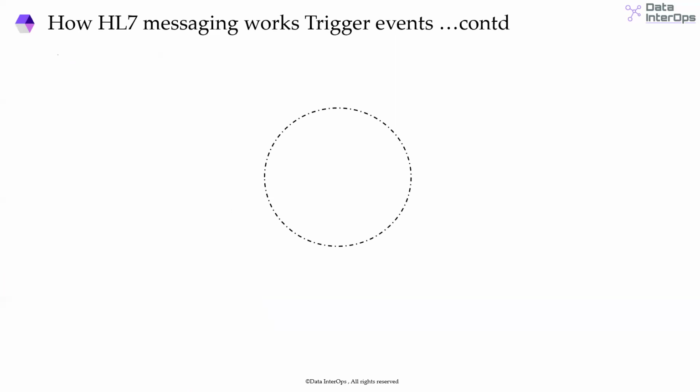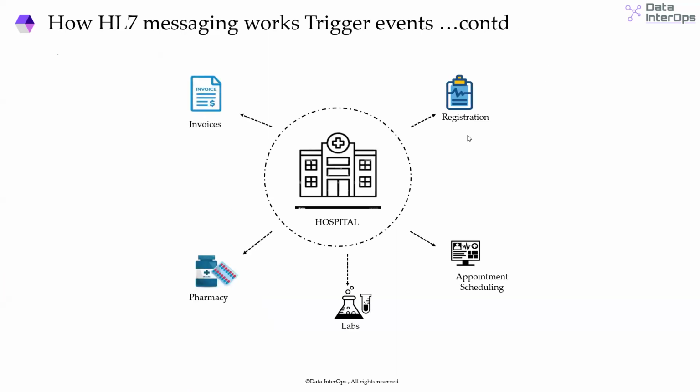Now, let us look at what points these trigger events can happen. Trigger events can occur during the registration process, or during appointments, or during labs, or during the medicine prescription exchange, or through invoices. So it can happen at any one of these workflow scenarios.